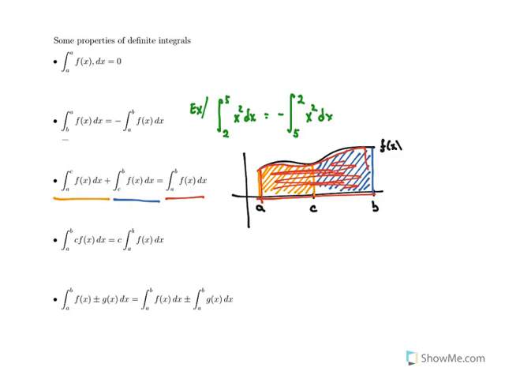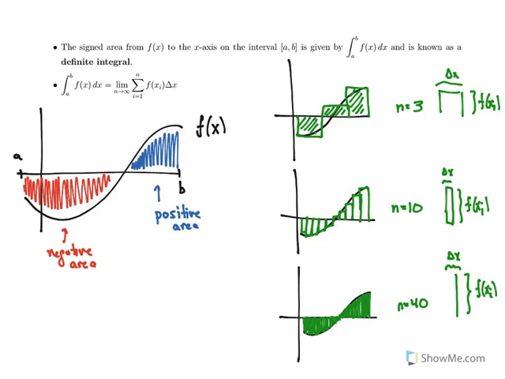The next one is I can bring a constant out in front of the integral. This idea comes from the idea that we can do that with limits, as this integral is a limit kind of operation. Let's go back one page to see that. The definition of the integral is going to be a limit of a bunch of terms added up.